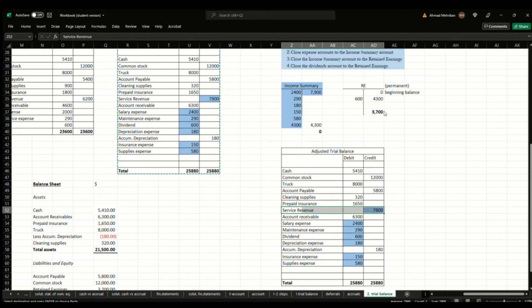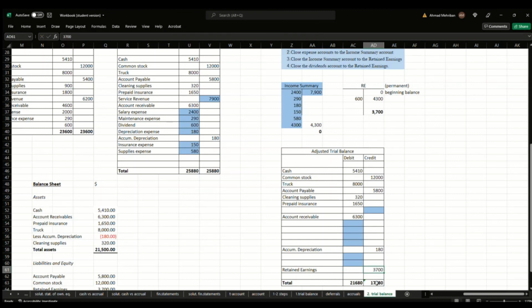I can simply clear the content, which will save me time readjusting all of this table, and just add the retained earnings. The only one that we didn't have, now we do. And that is 3,700 on the credit side.